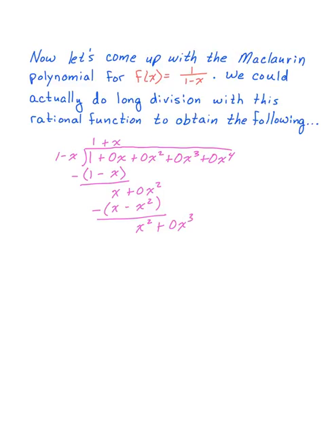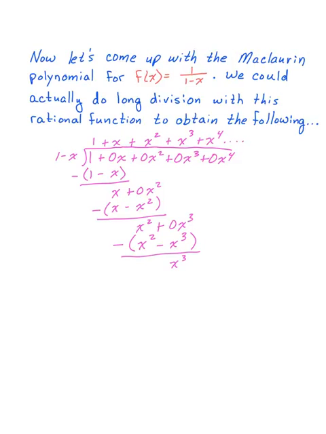And we repeat the process. 1 multiplied by x squared will give us x squared. And then x squared times negative x gives us minus x cubed. Parentheses, and subtracting gives us x cubed. Hopefully you can see the pattern here. This is going to continue on with x cubed, x to the 4th, and so on.